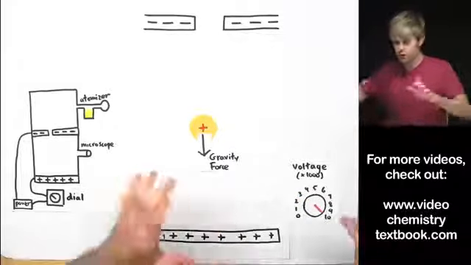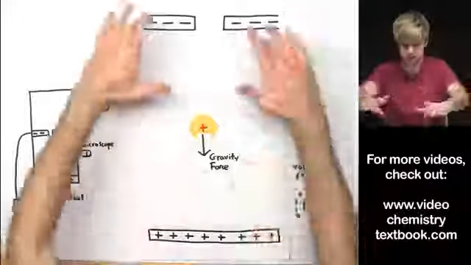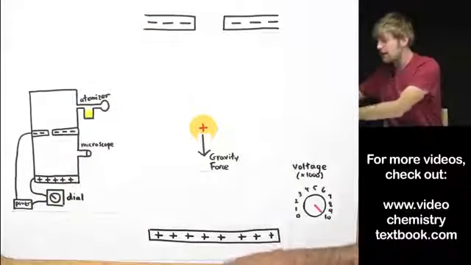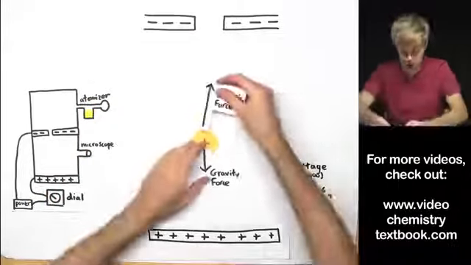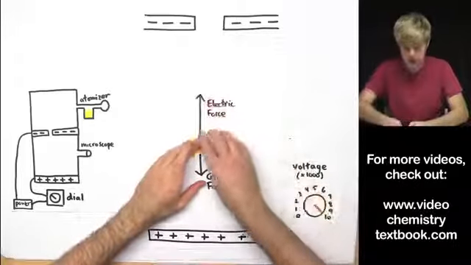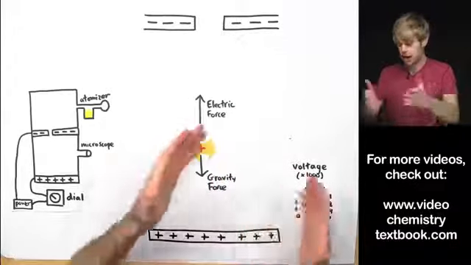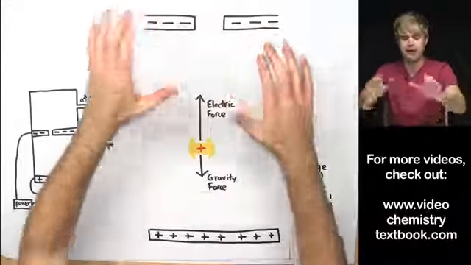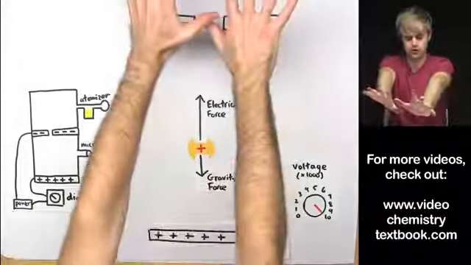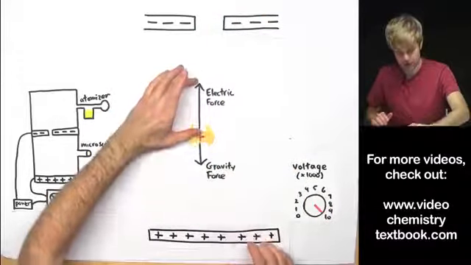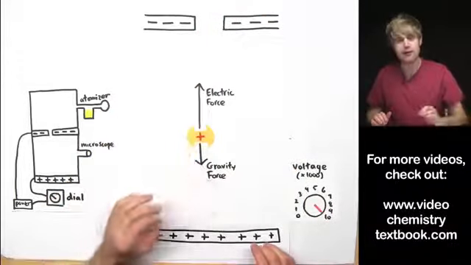Now, when the voltage is really high, there's a lot of power in these plates, so they have a very strong charge. And because they have such a strong charge, the electric force created on this drop is very big. High voltage, lots of power, big charge, big electric force. So the electric force you can see is really large here, and it's much bigger than the gravity force.